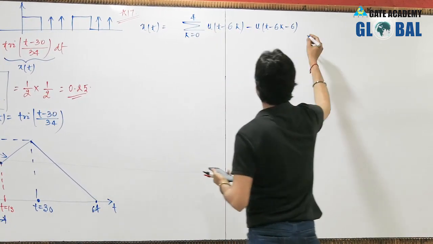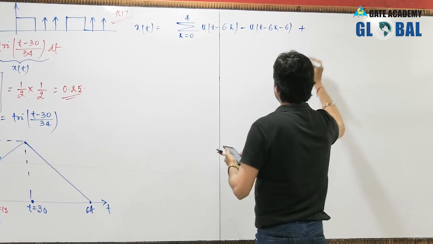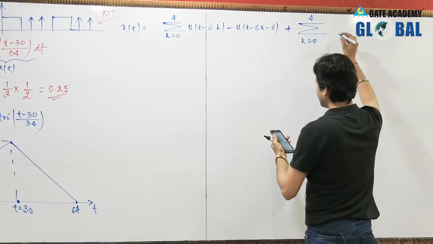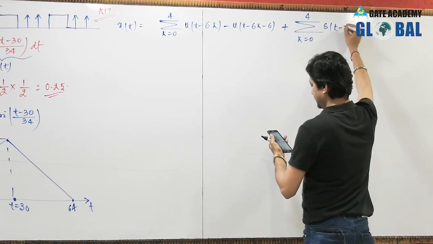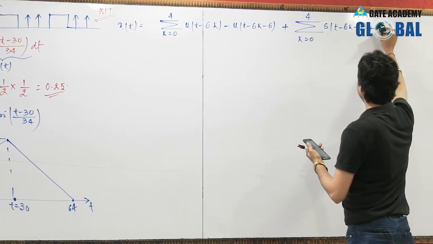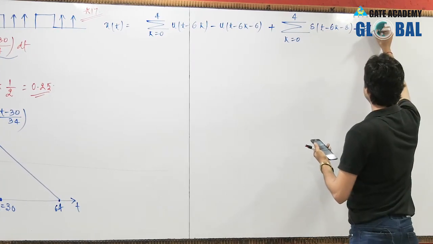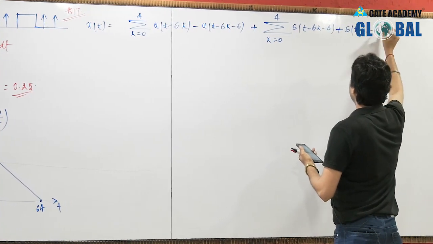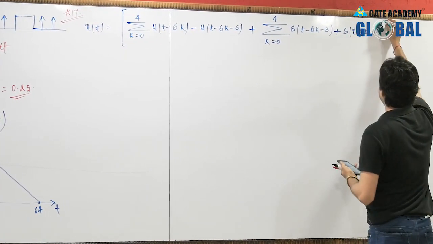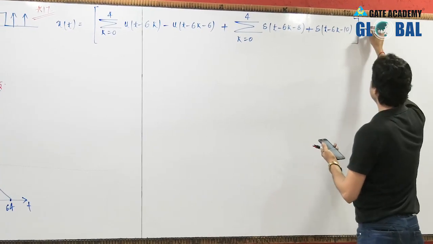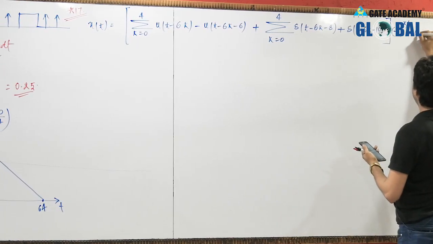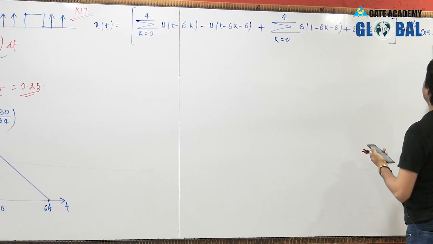And with this, we are given another summation, summation from k equals 0 to 4 of delta of t minus 6k minus 8 plus delta of t minus 6k minus 10. And with both of these summations, there is a term which is multiplied, that is minus 1 to the power k by 2 into cos of pi by 2 k.